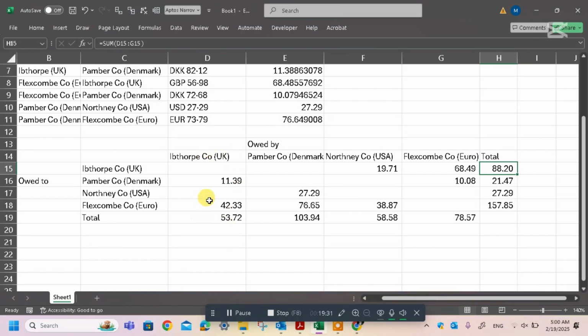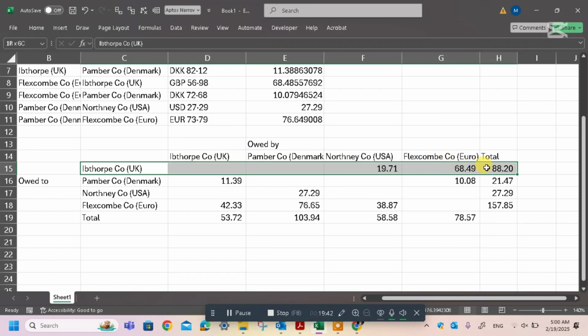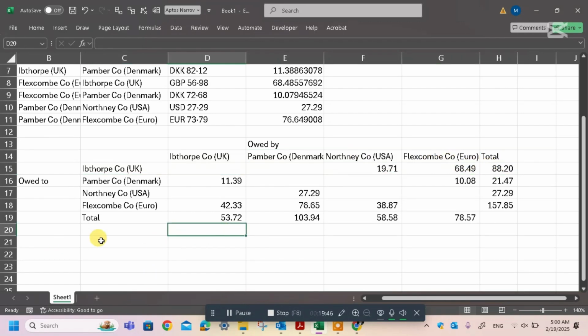Then now see, I company, it owes 53.72 altogether, owed by I company 53.72, and owed to I company 88.20. So let's subtract it here. 12 minus this figure.